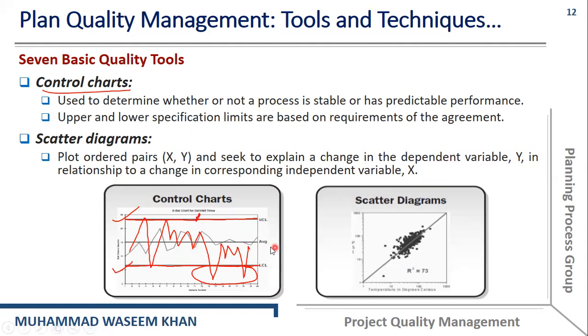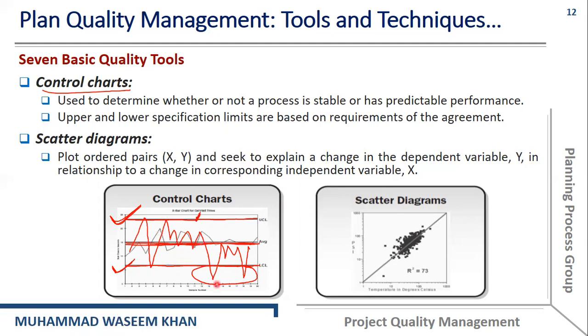If the outputs of this process are near this average line, that means that your process is of very good quality. And when the output value moves away from this average line, for example this point, that means that our quality is reducing and the process is moving towards being out of control.